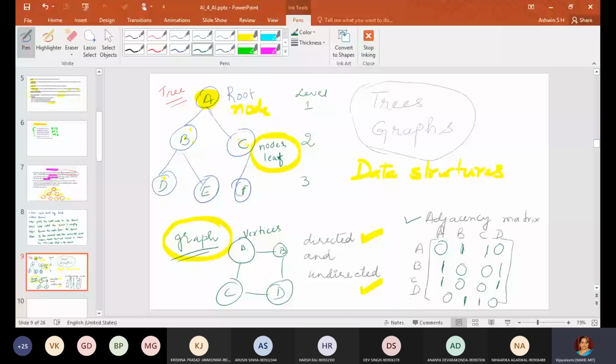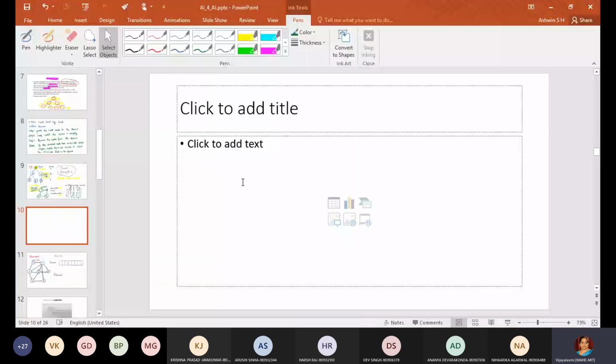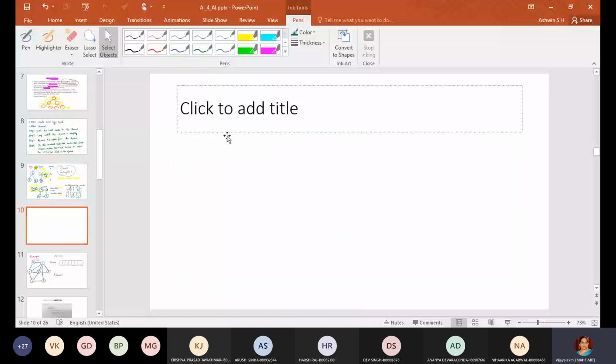Suppose instead of this, you have a directed graph, then I'll try an example.